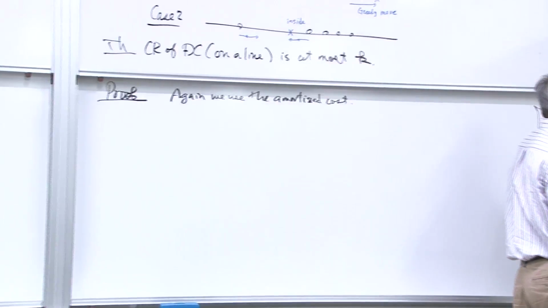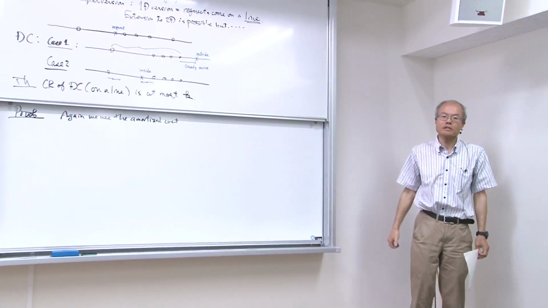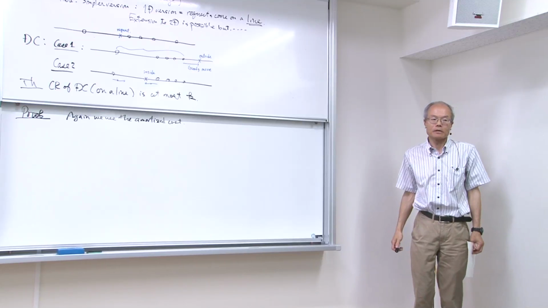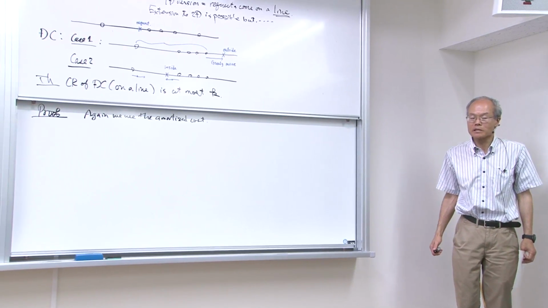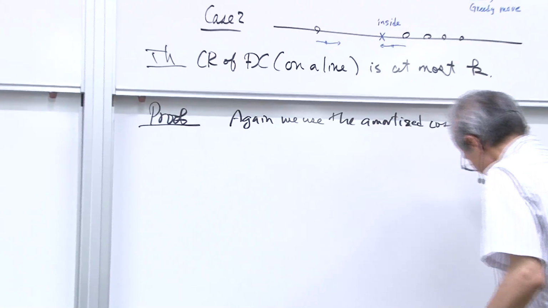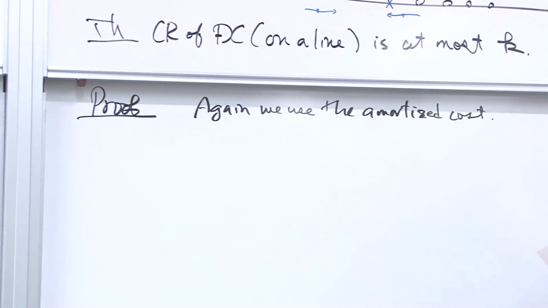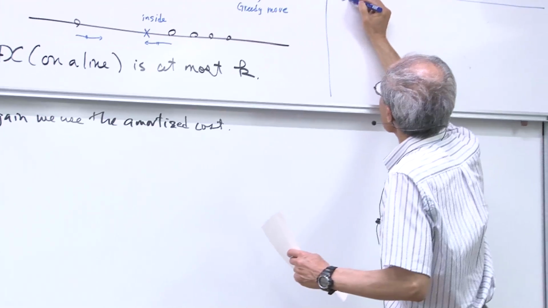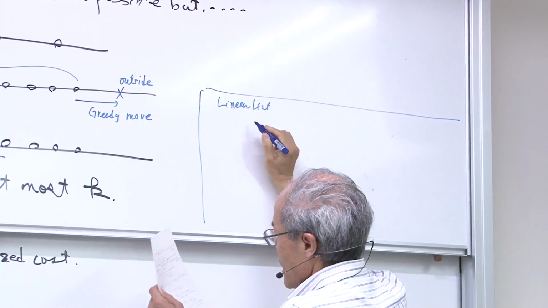Okay. We again use the proof strategy, which is completely the same as before. As before means the linear list, the case of linear list. Use an amortized cost. Just remember our amortized cost for linear list.